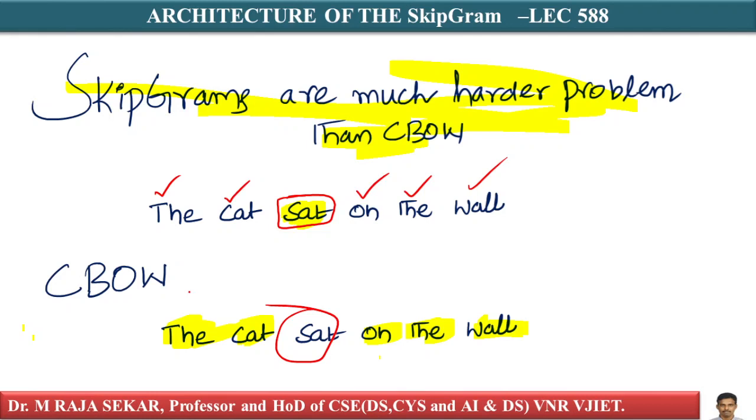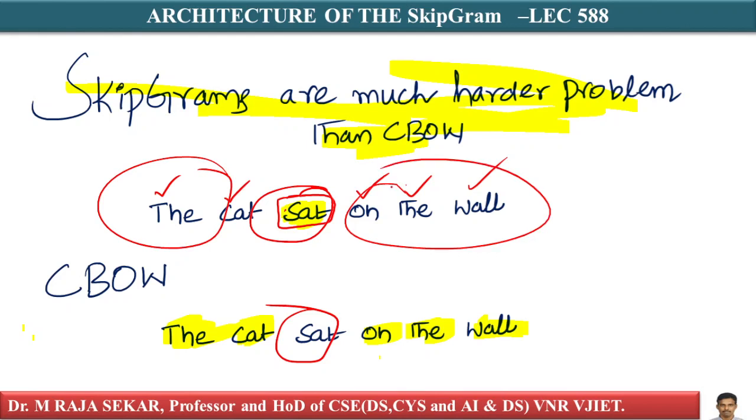SKIPGRAM, isn't it? In the case of SKIPGRAM, for a given sat, you have to predict all these words. It's difficult. Whereas in the case of CBOW, they will give these many context words, let me say C1, C2, C3, C4, C5. This is my focus word or target word.